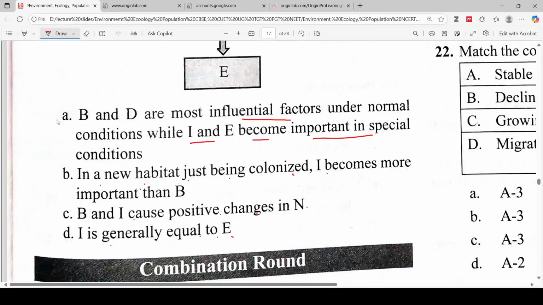So these options are all correct, but this option is not correct.